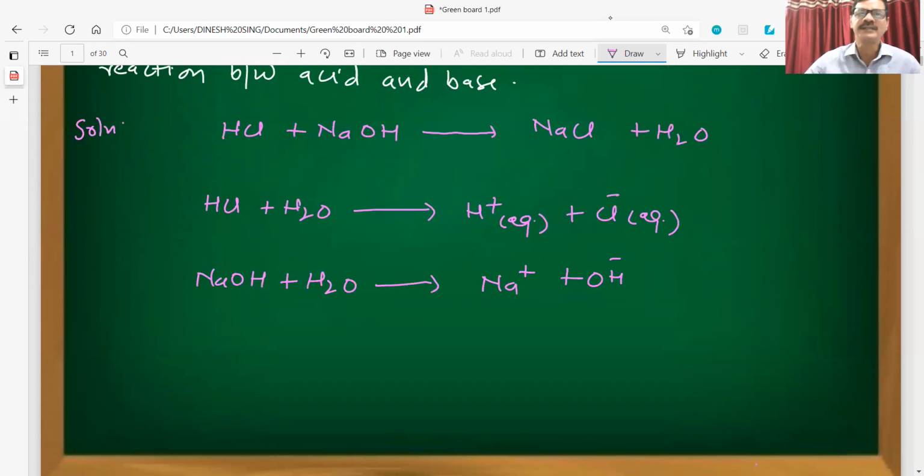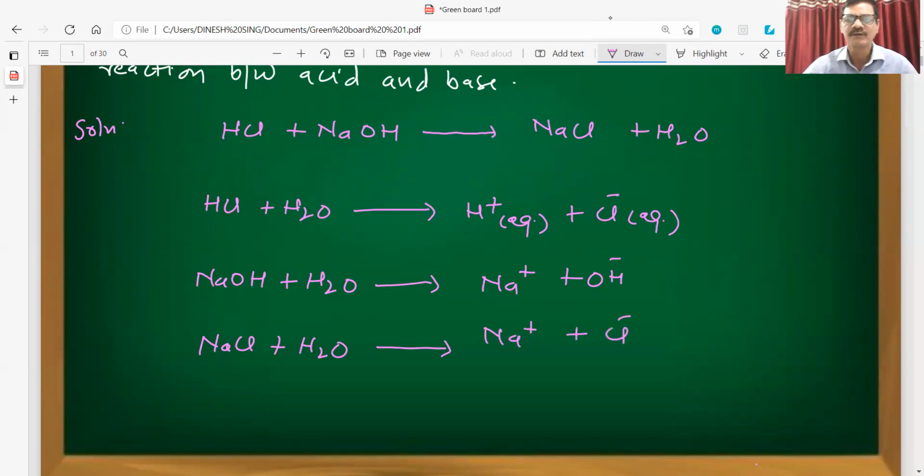And the NaCl formed in the reaction, NaCl plus water, will also exist as Na positive plus Cl minus. All are in aqueous state.